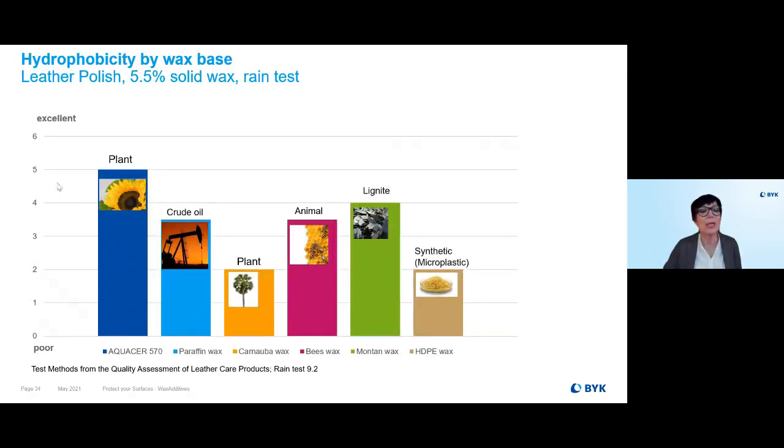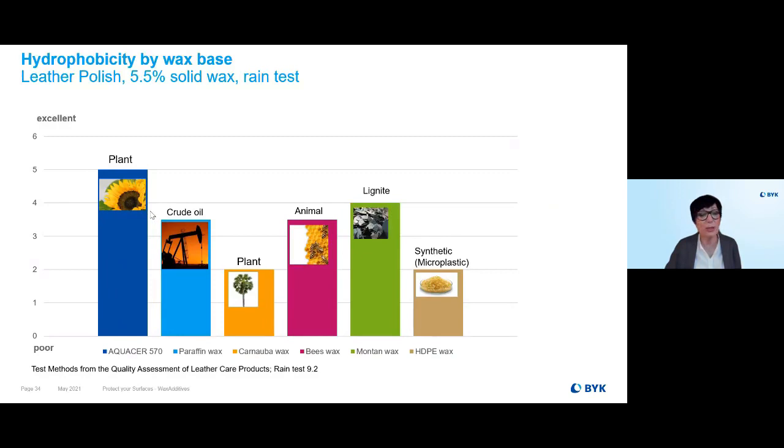And what you can see here is that we were able to pour it 5 times on the substrate before we saw any absorption using the Aquacer 570, which, as you know from the beginning, is based on sunflower plant wax. Pretty often paraffin waxes based on crude oil are used here.